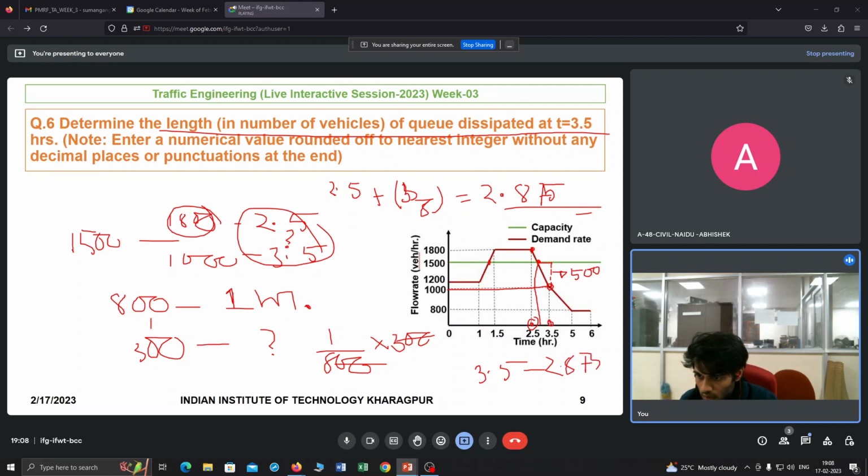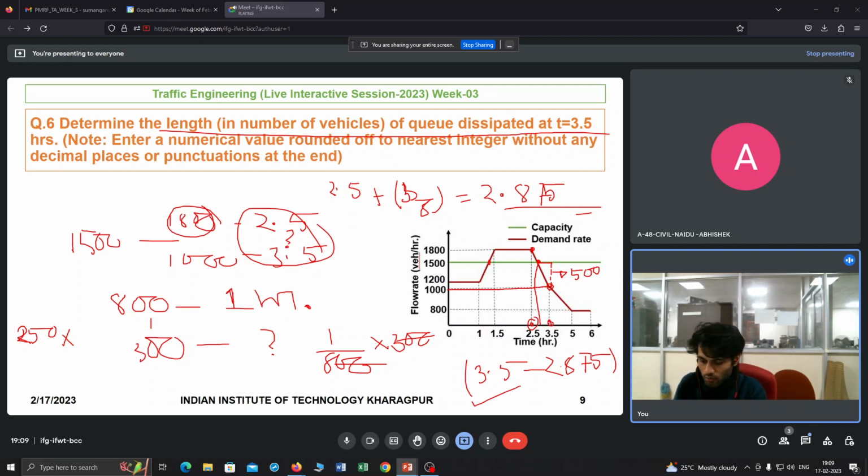So what is the area under this curve? The area under these two curves at this point and this point is equal to the number of vehicles that have been dissipated, or queued vehicles. How many have been dissipated? It is half into 500, which means 250. Half into perpendicular into base. Half into 500 means 250. 250 into 3.5 minus 2.875.